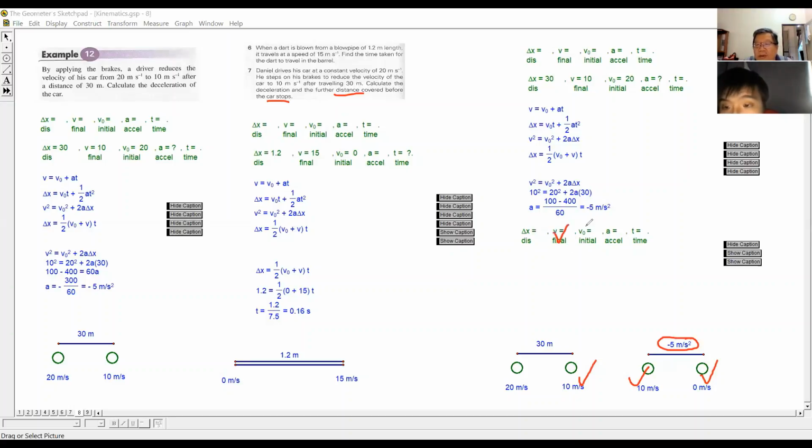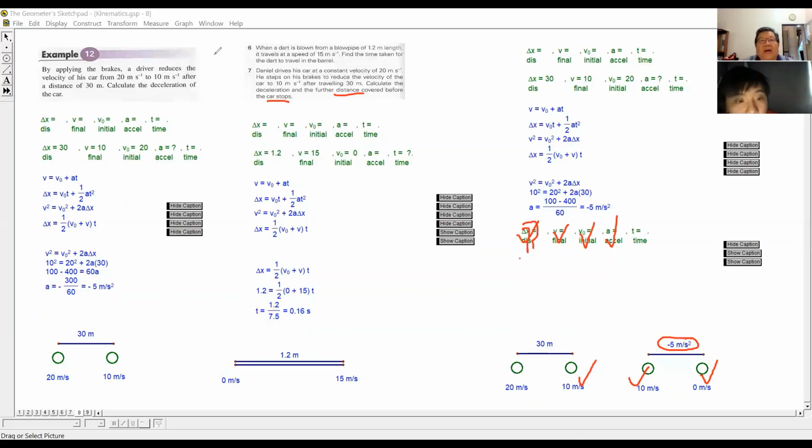Final is 0. Initial is 10 because it's a continuation from the previous part. Then they have given us the acceleration, which is -5, because it is a continuation from the previous part. And they want us to find the displacement.